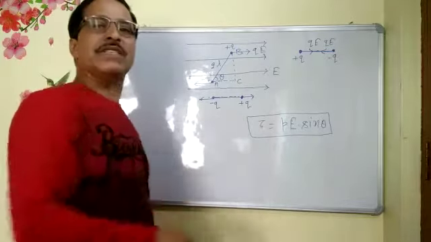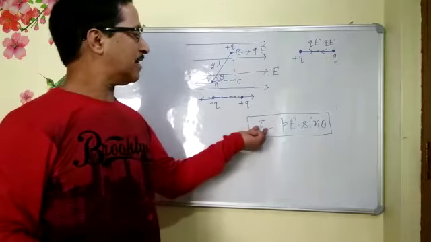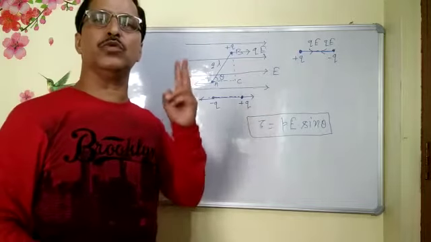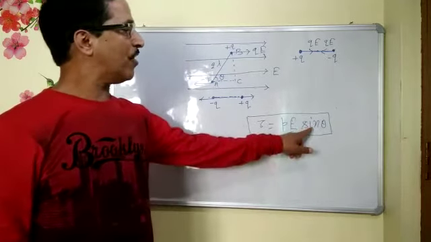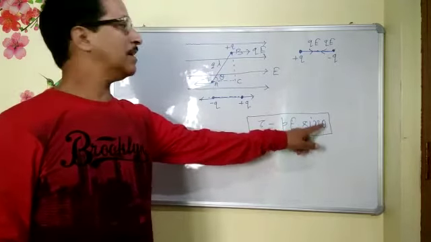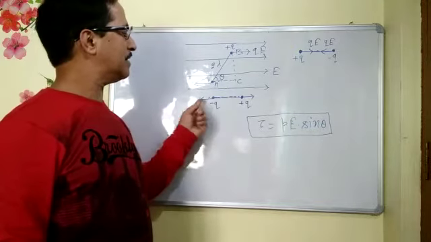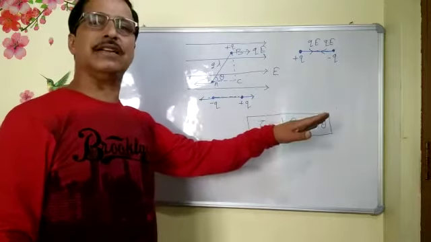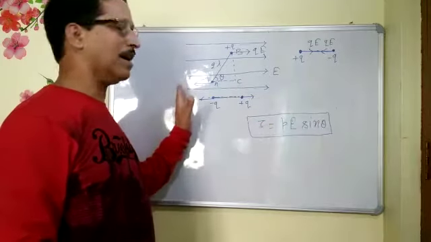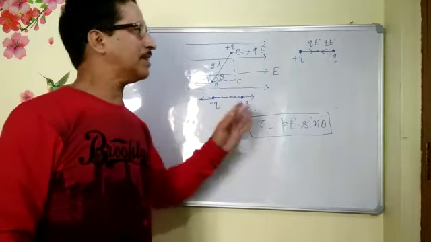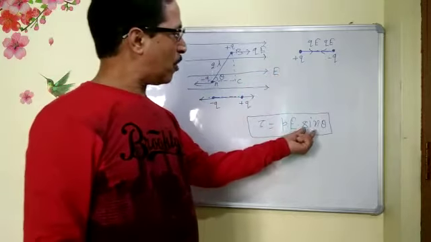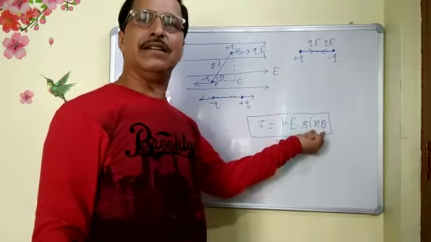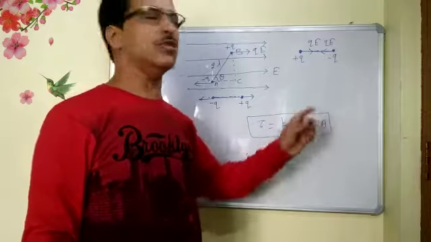You can see from this expression that the torque is 0 in two cases. One for theta equal to 0 degree, that is if the dipole lies in this state, the positive charge in the direction of the electric field and the negative charge opposite to the electric field. For theta equal to 180 degree also, sin theta is 0.